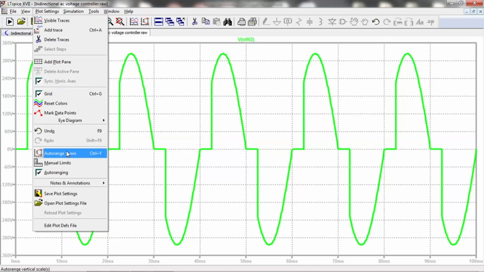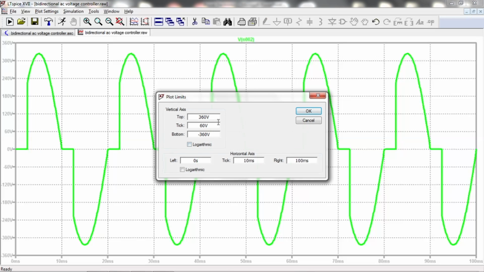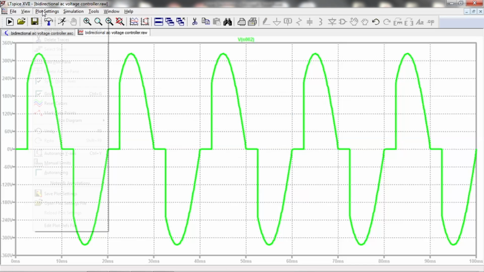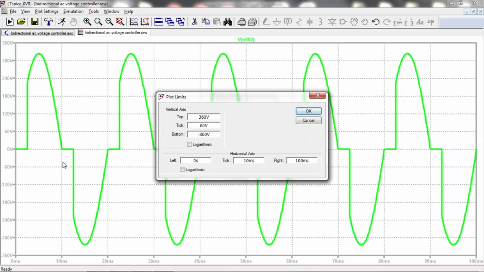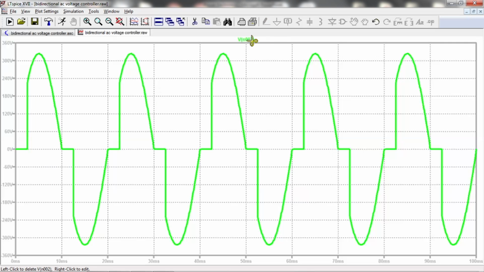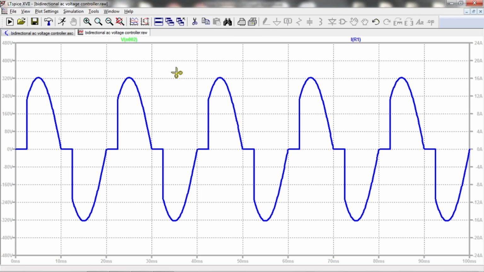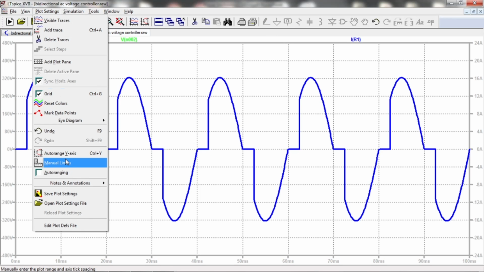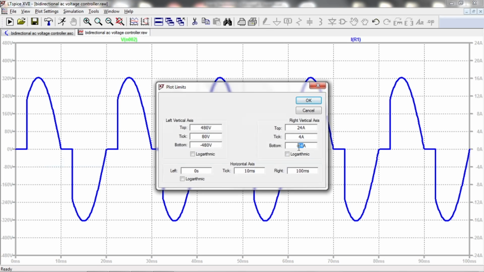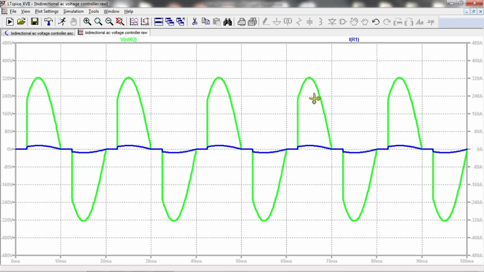If I show them on the same scale, you can see the current, at 80 amps, is very small because the current amplitude is very small.